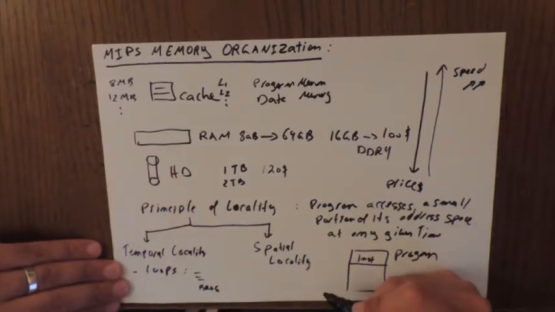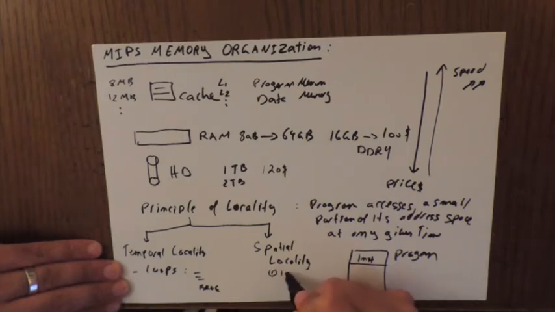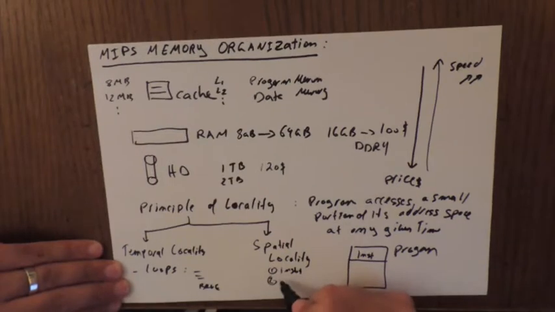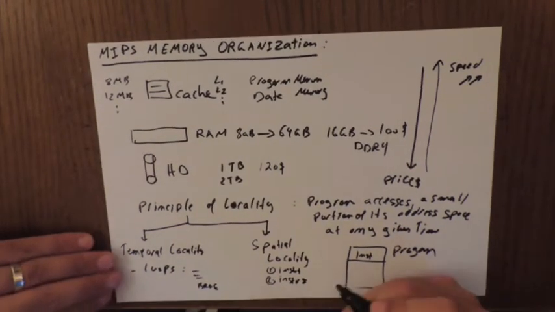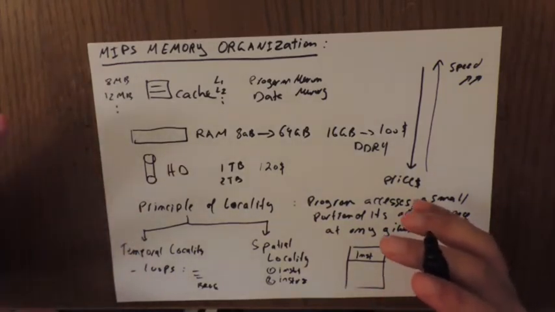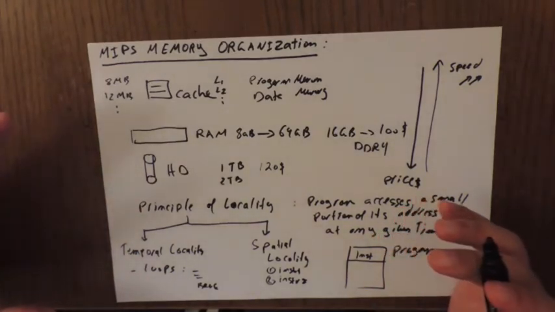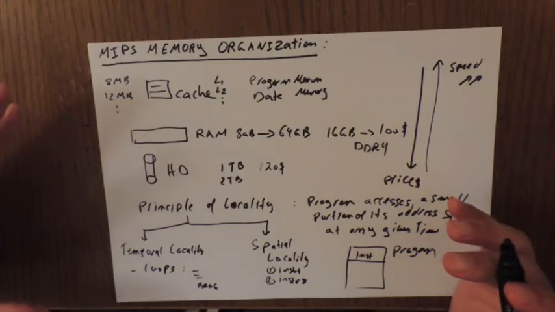On the other hand, spatial locality indicates that if I execute instruction 1, most probably I will execute instruction 2, which is directly next to it. So a block of memory will be all what I need for the program to run fast.